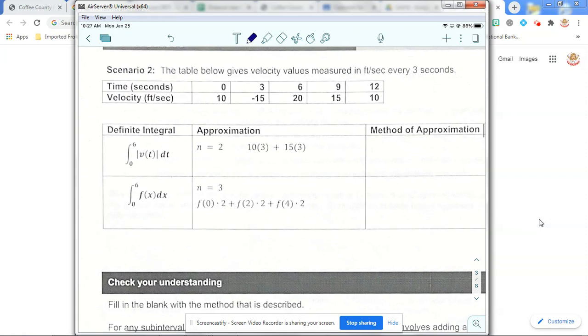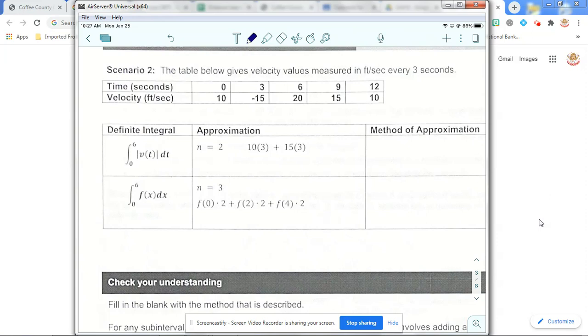All right, we have another scenario. So scenario 2, the table below gives the velocity values measured in feet per second every 3 seconds. And so I have this definite integral from 0 to 6 of the absolute value of the velocity of t dt.